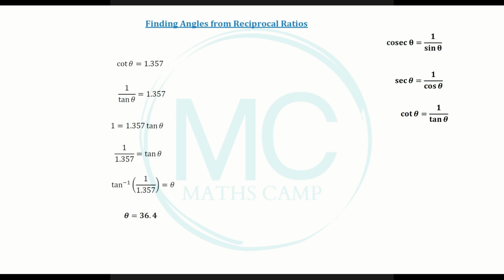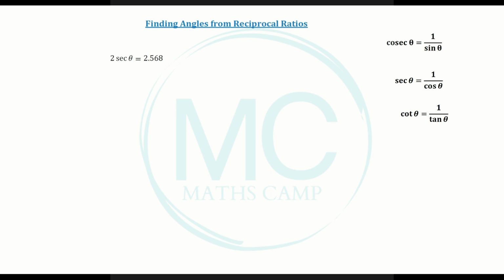Now, all the rules that we have learned so far still apply when working with reciprocal ratios. Let's look at 2 sec theta is equal to 2,568. Now, before we can change sec into its reciprocal ratio, we need to get sec theta by itself. And to do this, we need to divide both sides by 2. So we can put 2 sec theta over 2 and our value over 2.